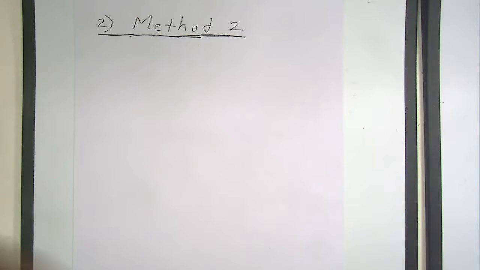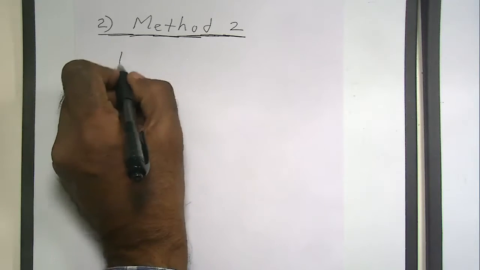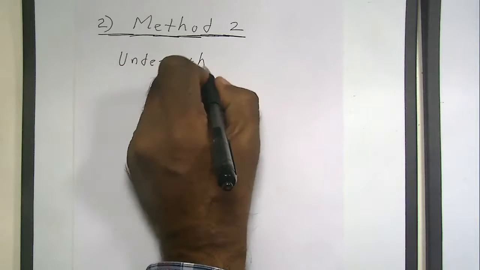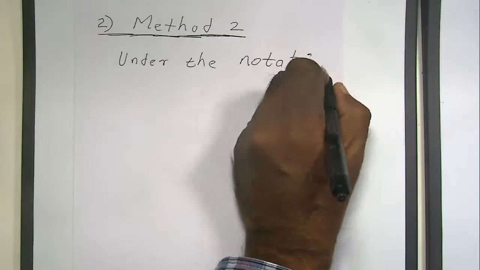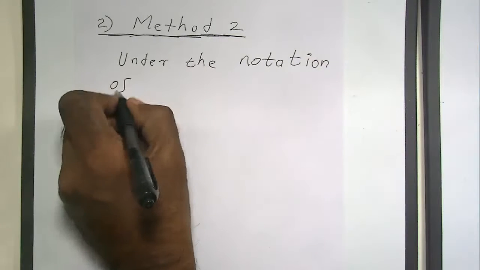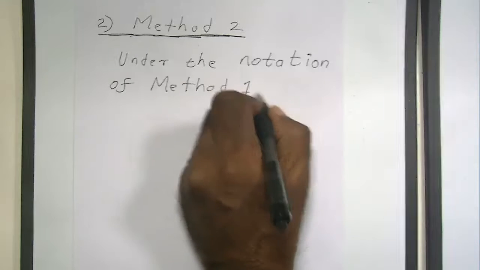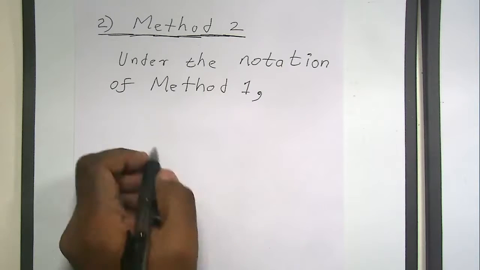Under the same assumptions and notations of method 1, the second semi-parametric estimator for ES is given by this.